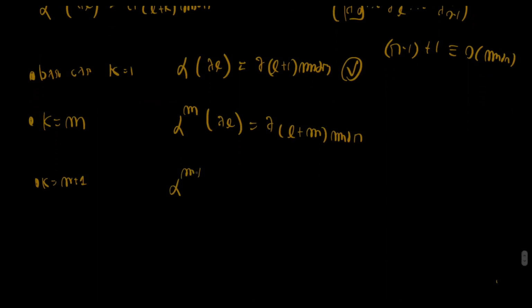In that case, we have φ^(m+1) of a_l is just equal to φ^m of φ of a_l, but we know that φ of a_l is a_(l+1) mod n.